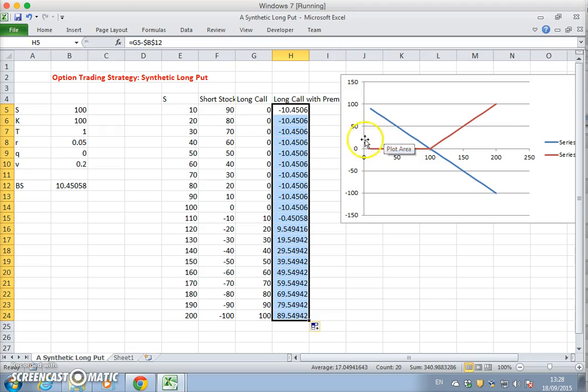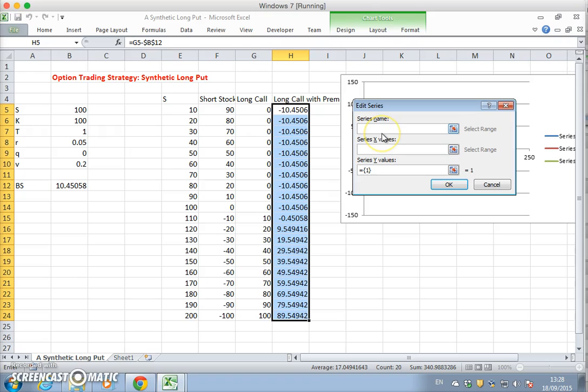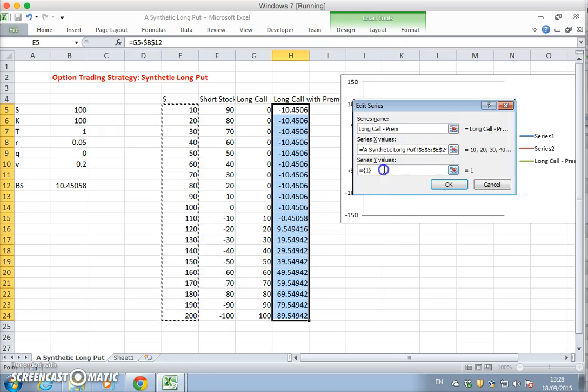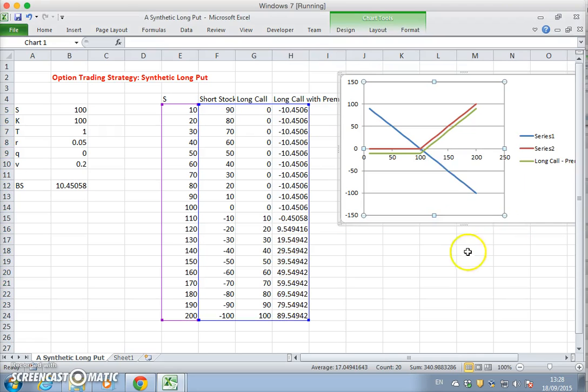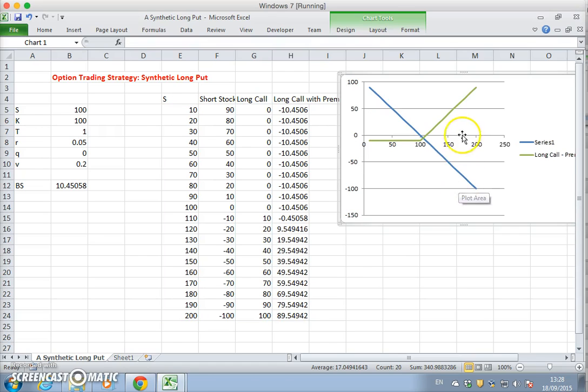So to incorporate this, we would say select data, add, and I would say long call minus premium, and on the X series we have just the underlying asset prices, and on the Y series we have the long call with premium. Okay, and of course we can get rid of series 2 here because it doesn't incorporate the premium.